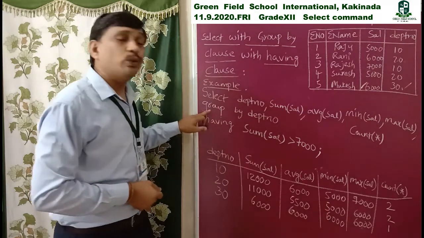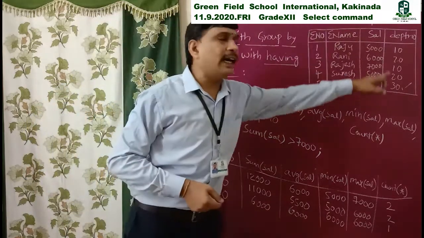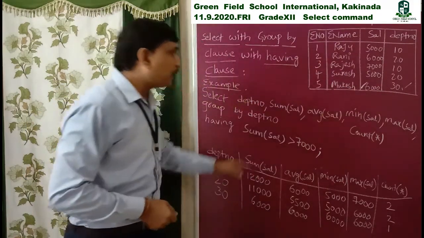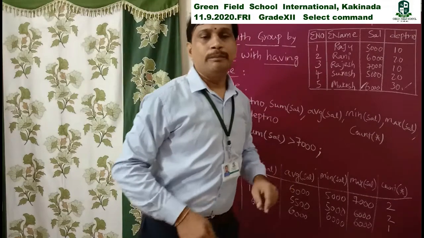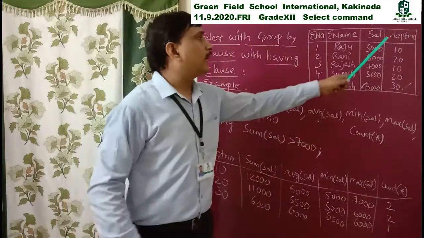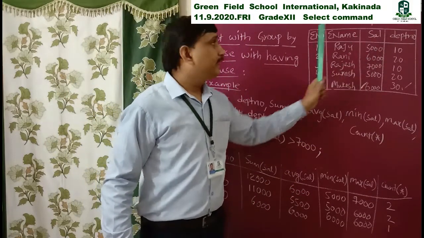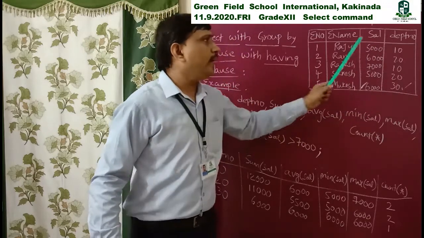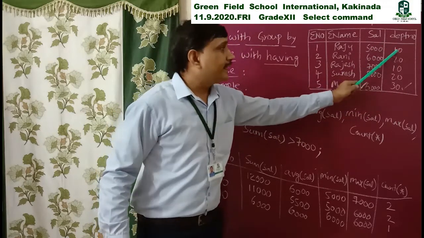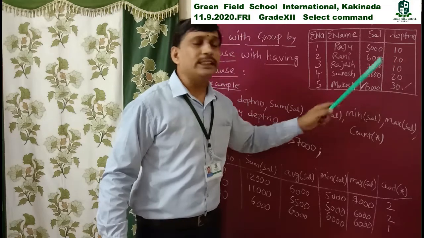Here we group the entire single unit data based on the department number column. The entire data can be divided into the 10th department, 20th department and 30th department.